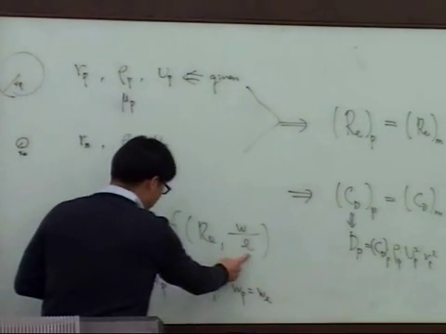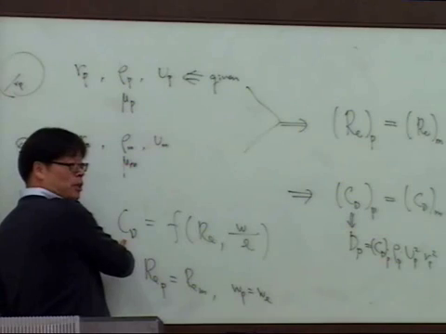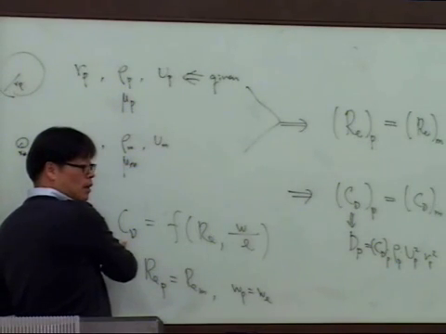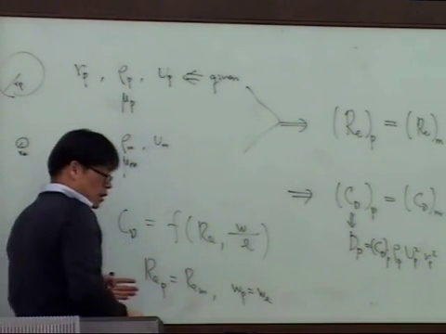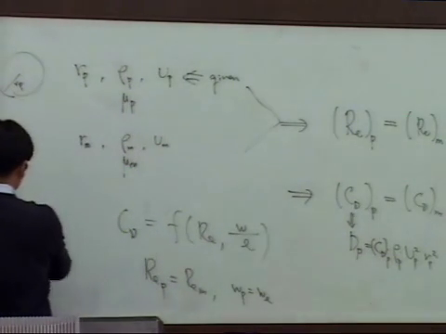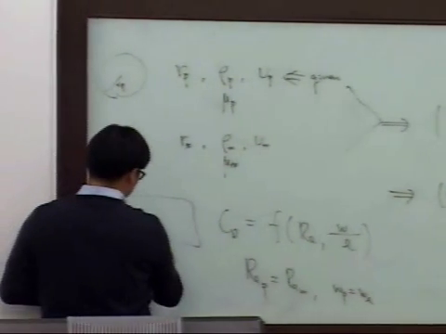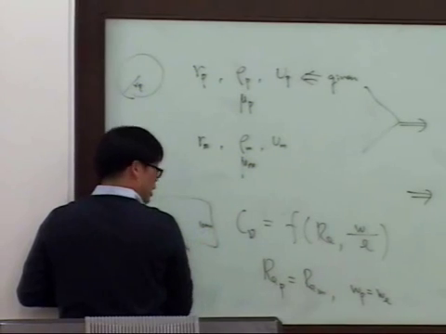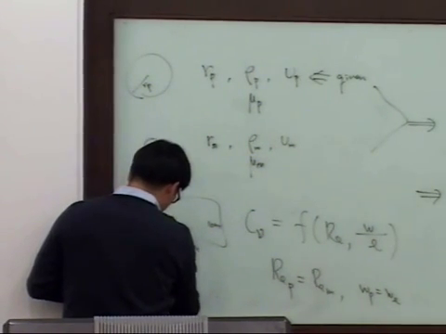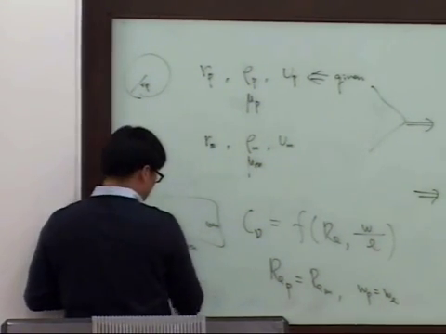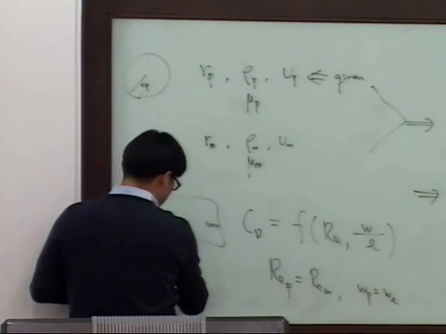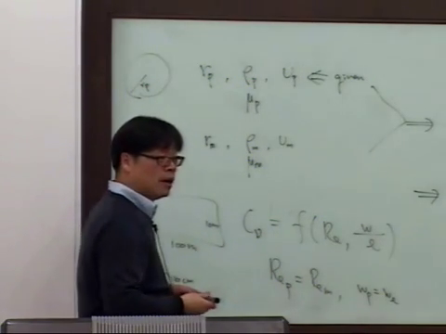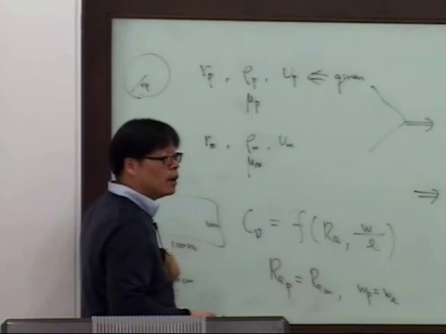So you have to match both, then your drag coefficients will be the same. For example, if you have 100 meters here and 10 meters here, and you want to reduce this to 1 meter, then you have to use 10 centimeters here. Then the ratio is the same.